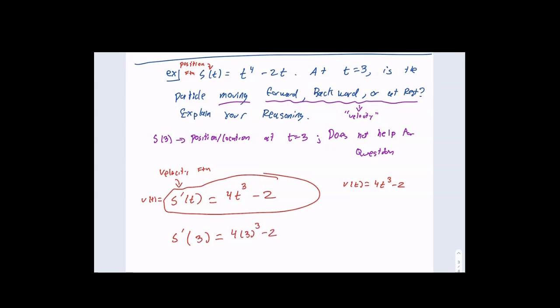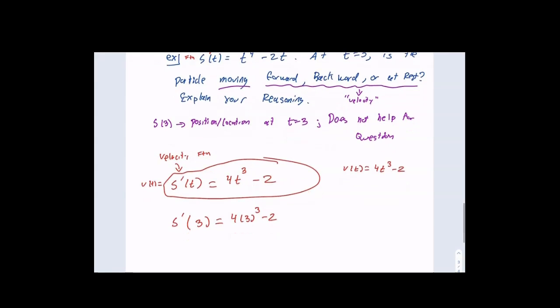Now, does it ask me what the velocity is? I just want to note this. Does this ask me for the specific value? No, just asking for the direction. Correct. So I just need to know if it's positive or negative. Positive, it's greater than 0.